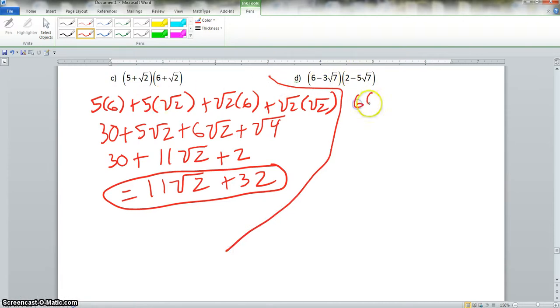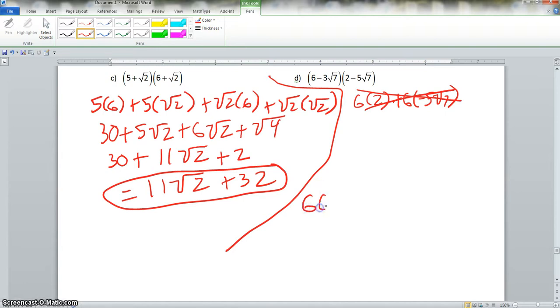We would take 6 times 2 plus 6 times a negative 5 square root 7. As a matter of fact, let me go down here where I have more room.